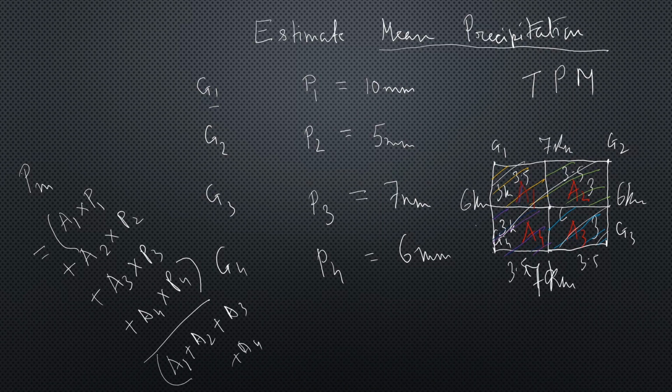Basically, it is the total area of the watershed. So now our next step will be to find A1, A2, A3, A4. Now A1, you see this is a rectangle, and as is the formula of a rectangle, it is A into B. So if this is A, this is B, you have to multiply A into B. Correct?